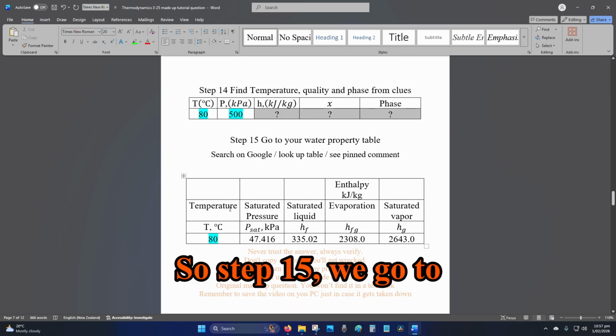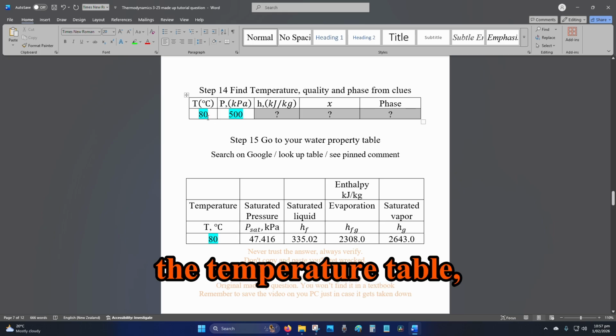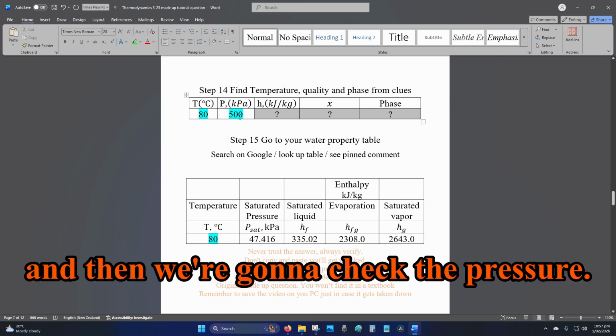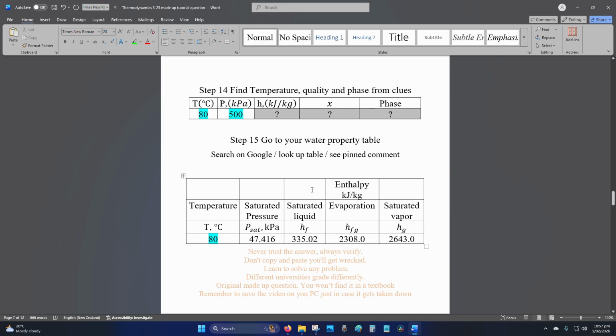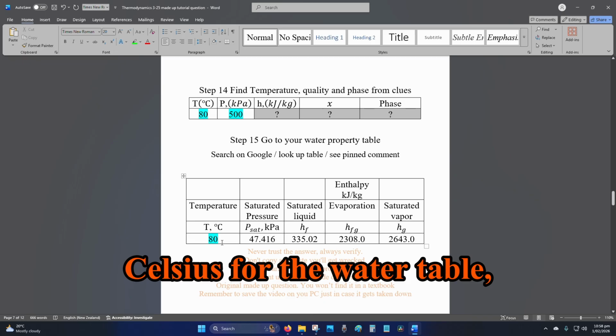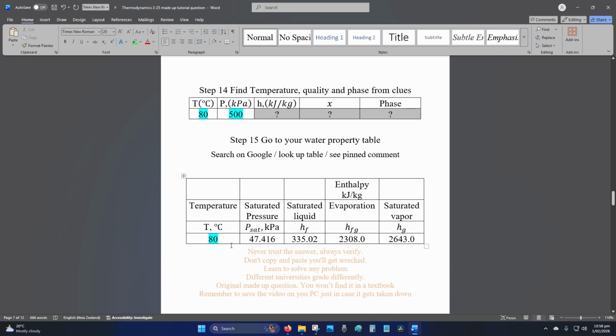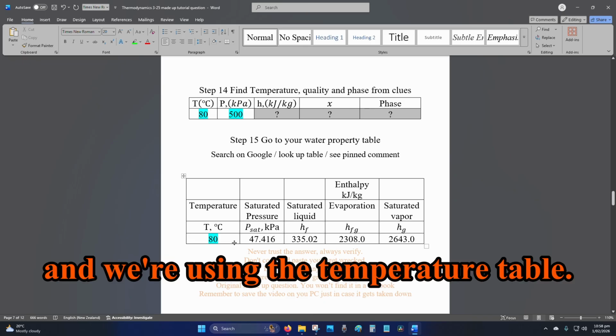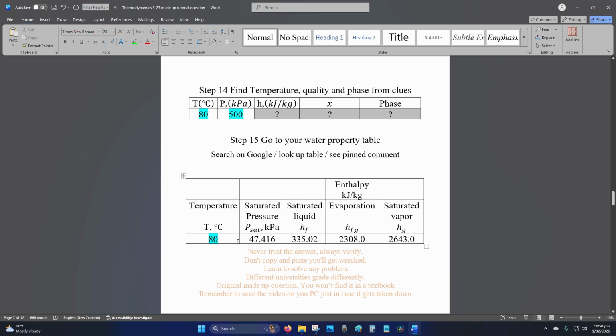So step 15, we go to the temperature table, and then we're going to check the pressure. So we go to 80 degrees Celsius for the water table, and we're using the temperature table. Then we're going to compare the pressure.